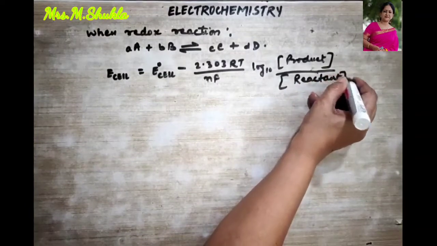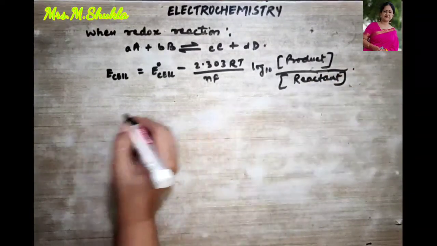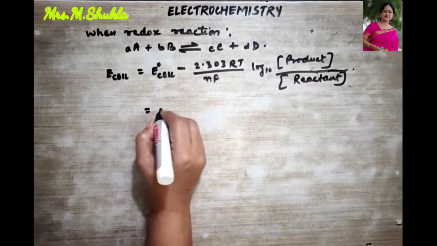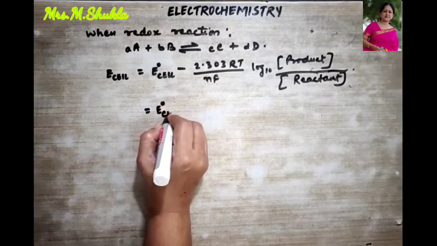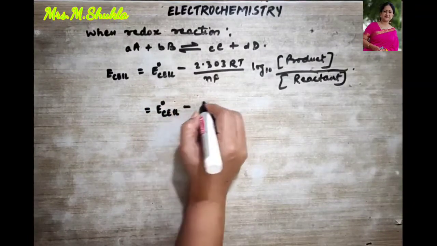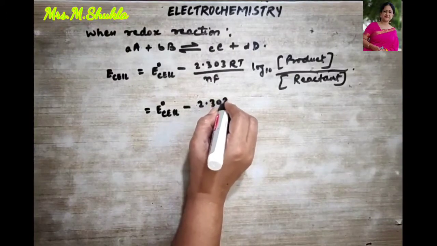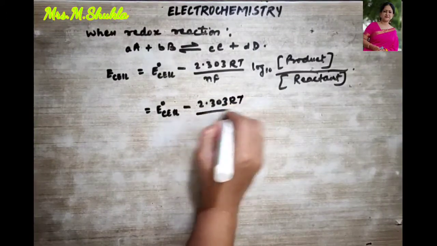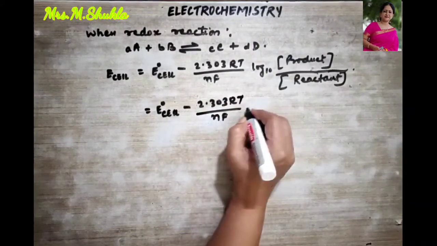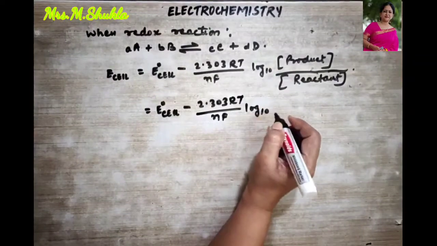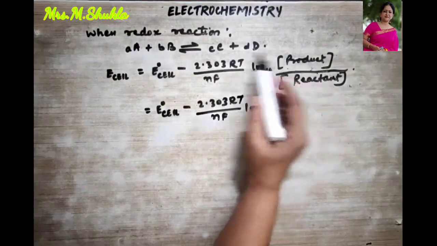Okay, so let's write it down. This will be equal to E naught cell minus 2.303 RT upon nF log to the base 10.